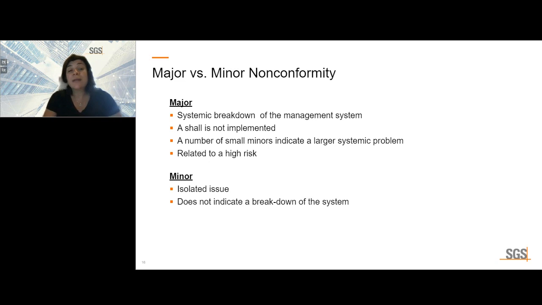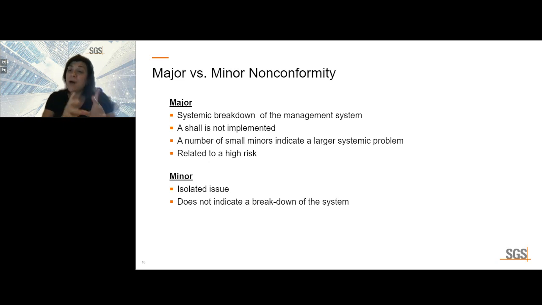But we can also get a major nonconformance whenever there's a shall, such as an internal audit that has not been completed, or management review that has not been conducted for that year. This is something that has to be done. It must be done. It shall be done. So if you haven't done it, it is a major nonconformance.